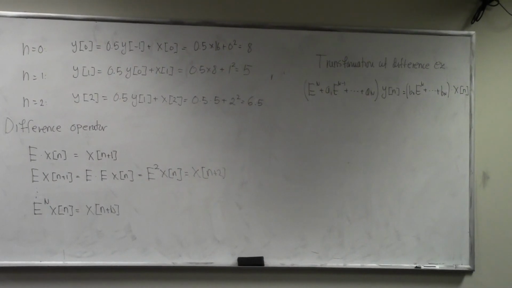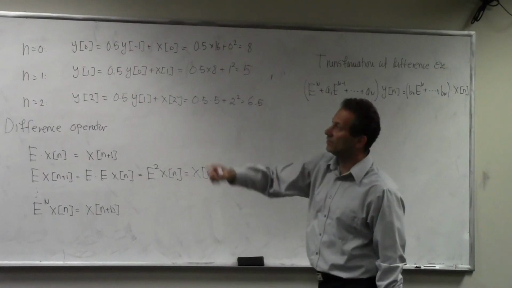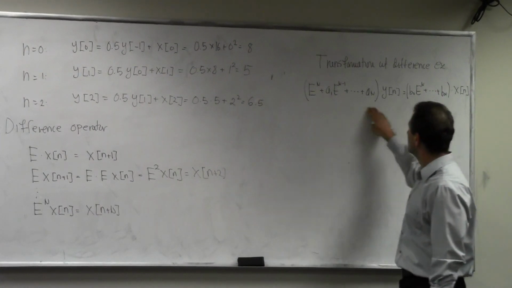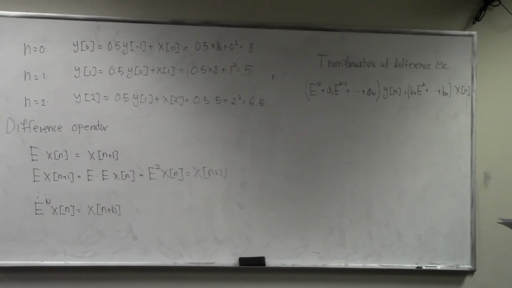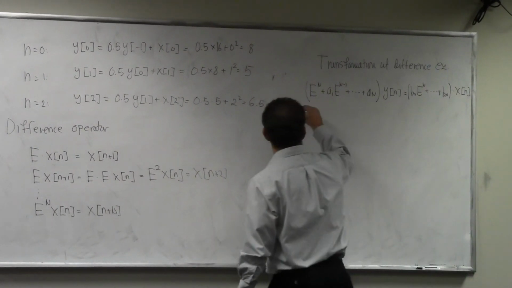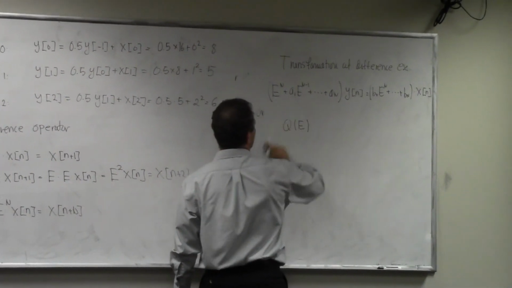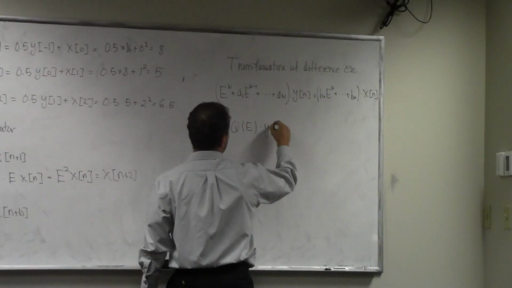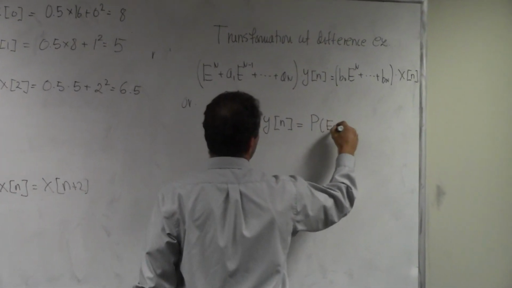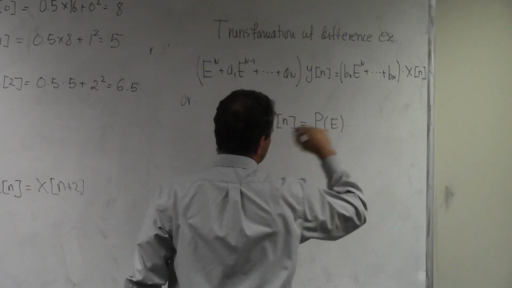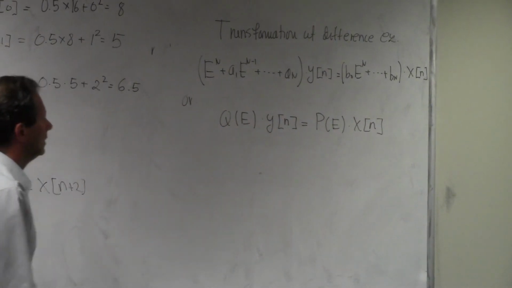Just a notational convenience, right? What I'm really meaning by this is what I have written over there, because that's the reality. This is just a shorthand notation for that reality. And the common way to write this, we're going to say Q of E, which is the polynomial of this operator, operating on a sequence y[n], is equal to P of E operating on a sequence x[n].